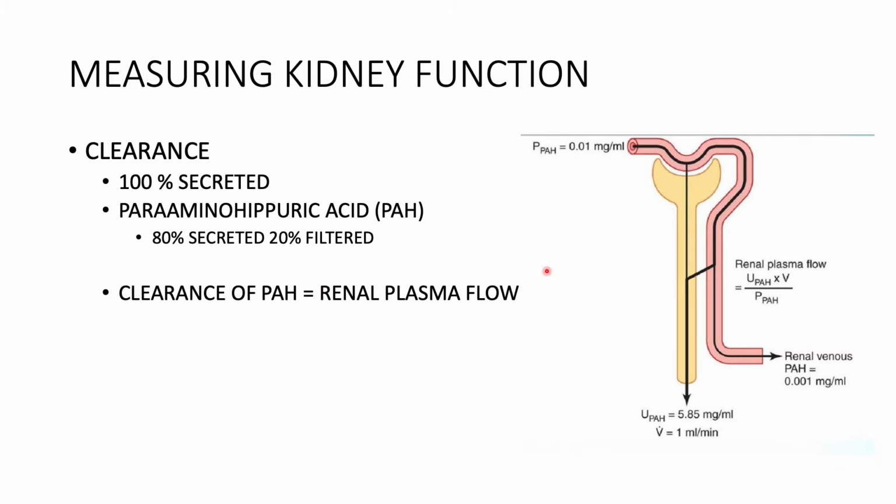So this is an estimate of renal function. Now, what substance is used to measure renal plasma flow? It is para-aminohippuric acid, or PAH, because 80% of PAH is secreted and 20% is filtered. Nothing is reabsorbed. So again, we can use PAH to measure kidney function.